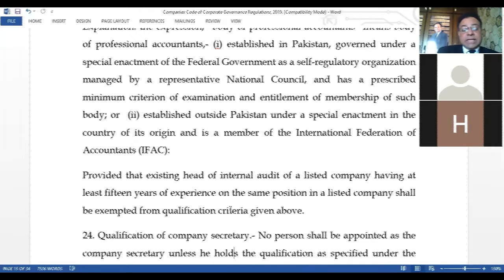At the end, in this proviso, as I said earlier, your experience in the relevant sector or in the corporate sector is considered valuable, and with this consideration, an exemption is given if you have adequate experience in the corporate sector working for a listed company, and you are a member of a professional body, which is a regulator as well, which has come into being under the statutory provisions of law.